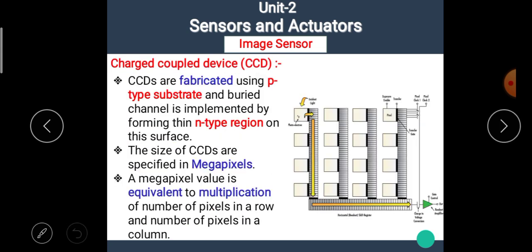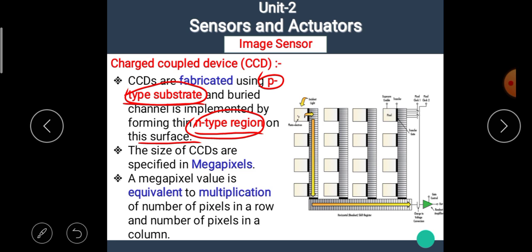The CCDs are fabricated using a P-type substrate, and the buried channel is implemented by forming an N-type region on this surface. That means in the construction of CCD, these are fabricated using a substrate made up of P-type semiconductor material, and the buried channels are made up of N-type region.